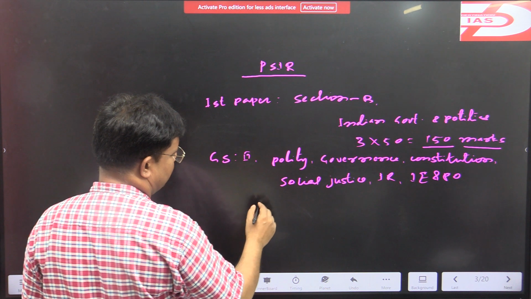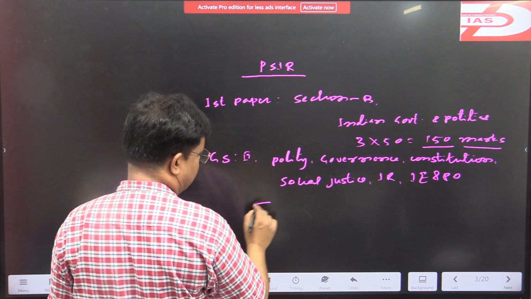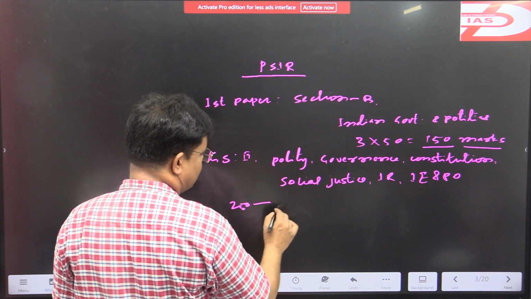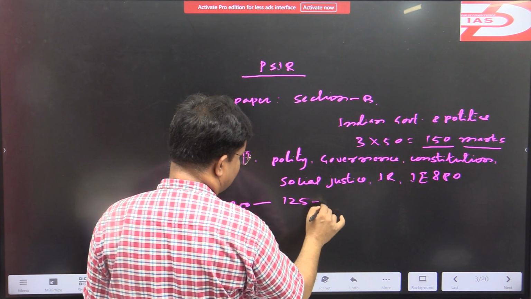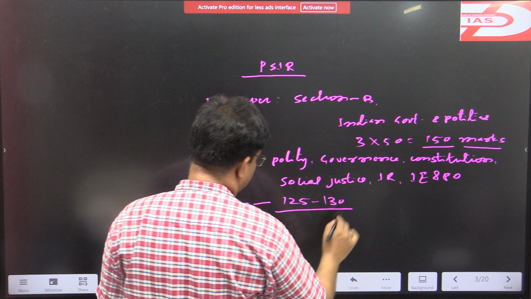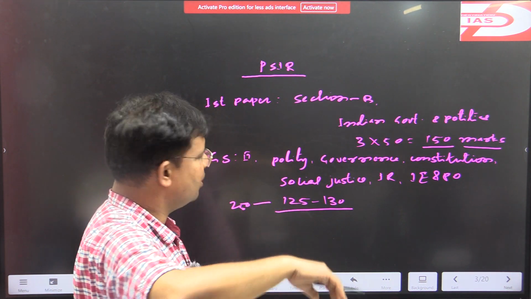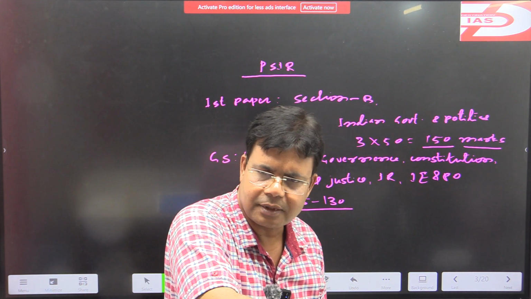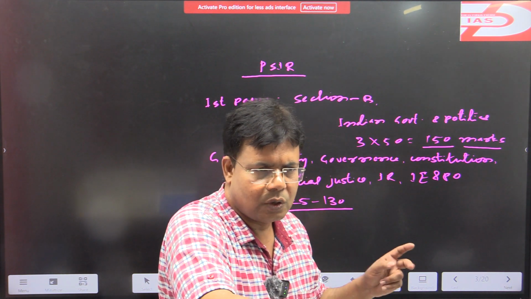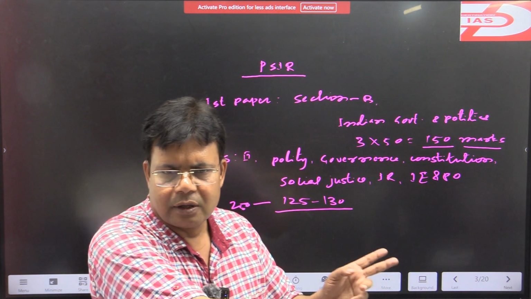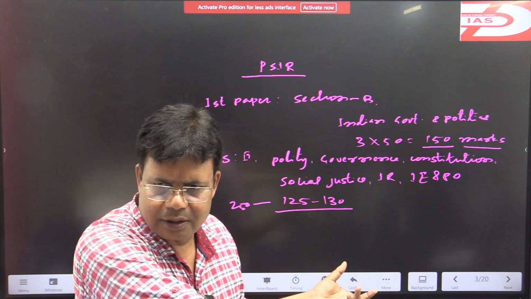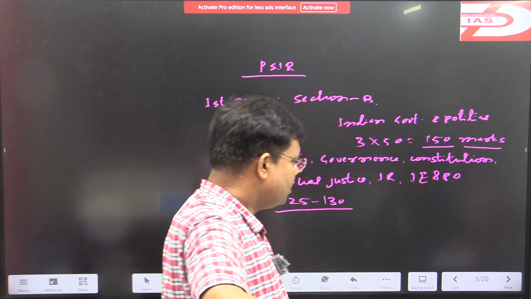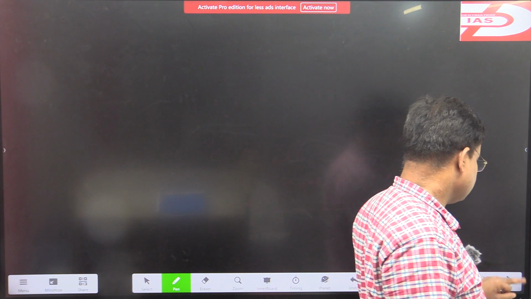Then in the GS second paper, out of 250 marks, usually 125 to 130 marks is related to Indian Government and Politics. Right? So it will help you both in your optional subject as well as in general studies. Right?